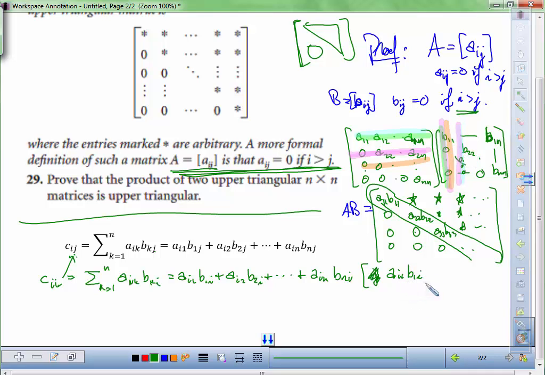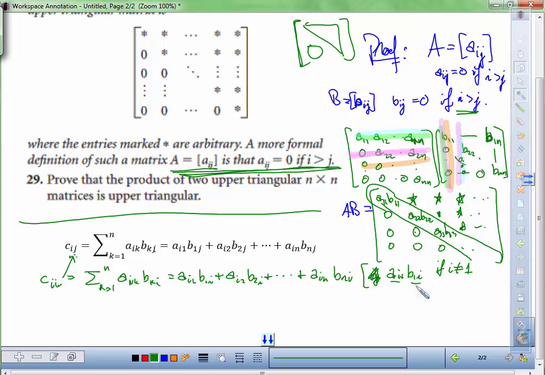But if i was not equal to 1, then one of these is going to be 0.